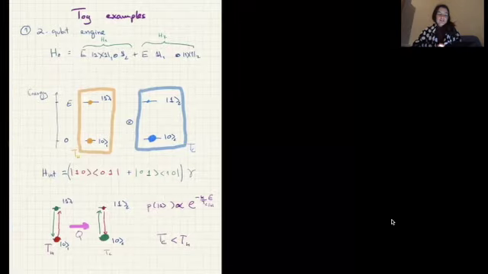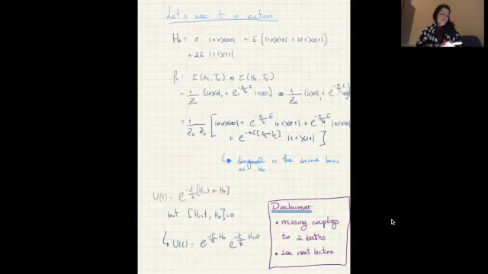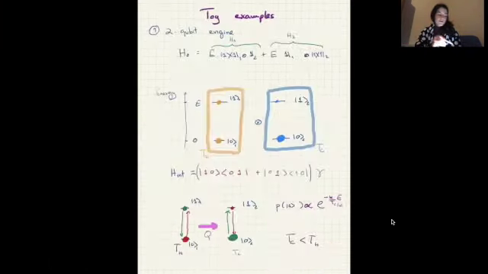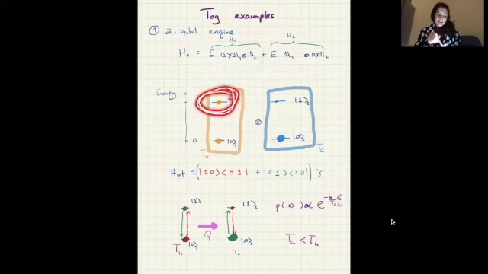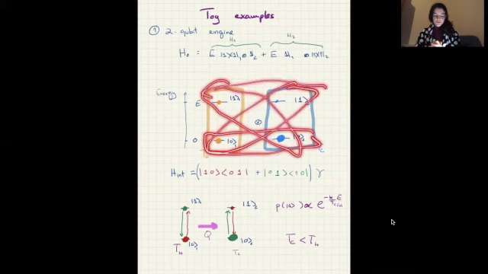Okay, so let's see it in a little bit more detail. Again, we can take this Hamiltonian and just expand these identities and see what we end up with. So we have that this state has energy E, and this state has energy E, but of course we're interested in the global states of the system, so they can be either both down, or one up and the other down, or the other up and the first down, or both up, right?